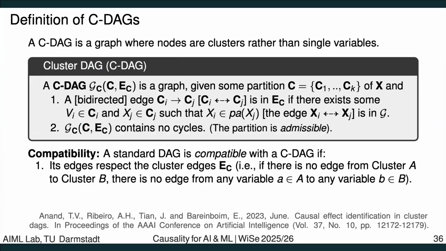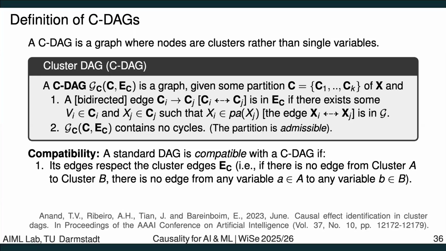So in this sense, at least in the work that defines these so-called cluster DAGs, they have an additional assumption. They say, well, we also want to avoid our high-level graph being cyclic, because then all sorts of things can happen. So a partition, or these groups of variables, are admissible if the resulting high-level graph does not contain cycles.